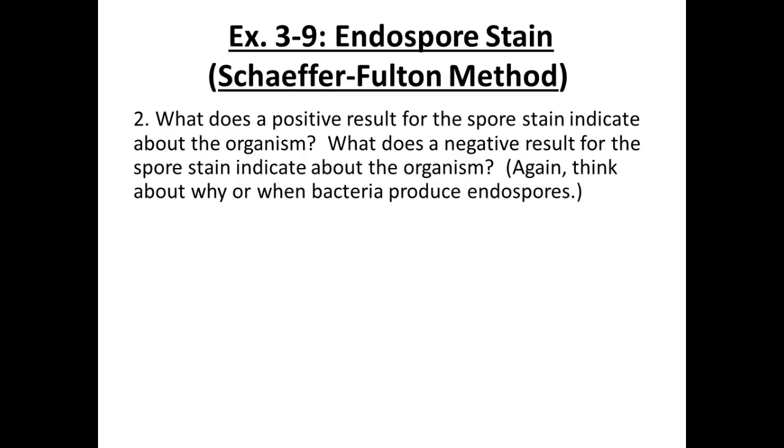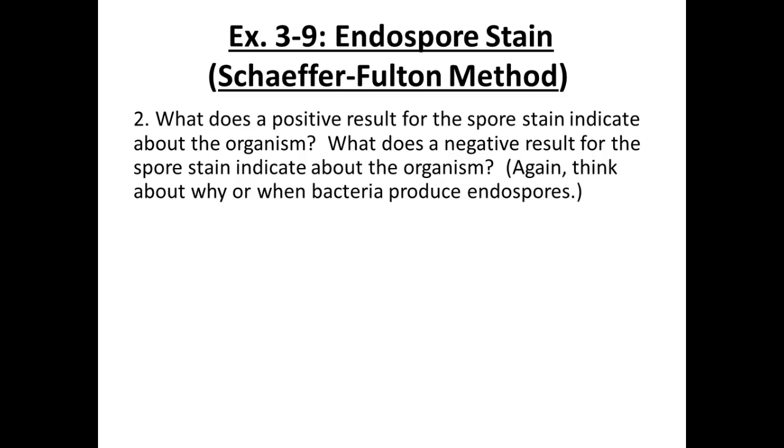That brings us to what a negative result means. So what you don't see is endospores, right? But what should you see? If you don't see endospores, you should see the cells themselves, and most of the spore formers, as we saw, are rod-shaped.